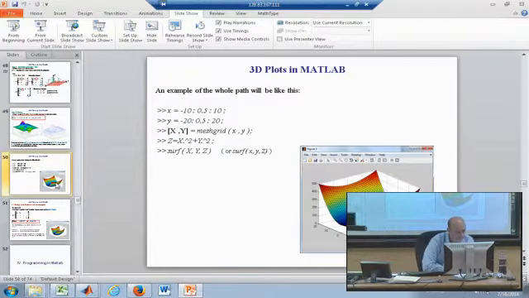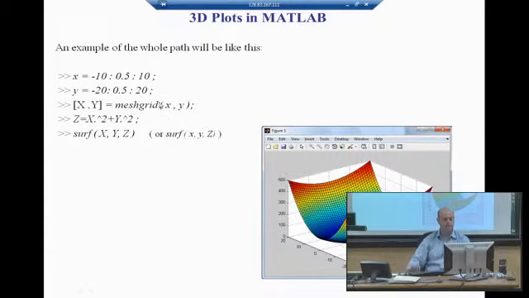And let's finish up by doing this little example I've got here. So let's just do an example that looks like this. We have a vector that goes from minus 10 to 10 and increases by 0.5.